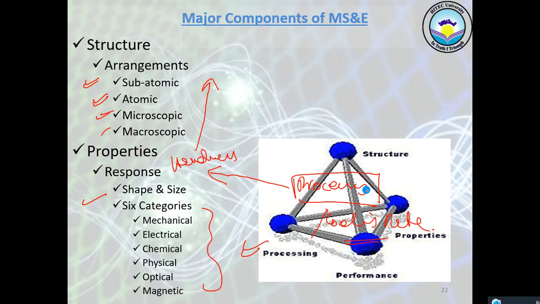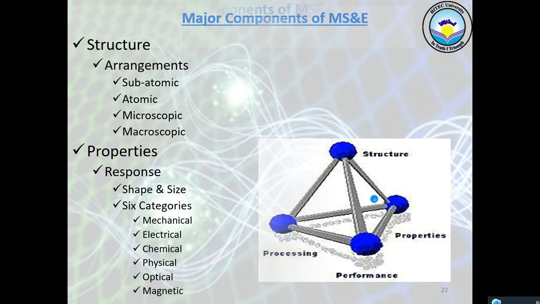So basically we know that performance parameter of all the materials depends upon the processing techniques, and processing techniques will define what will be the structure behavior, and structure behavior depends upon how properties are interlinked with processing rate.